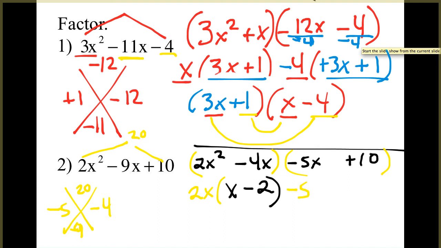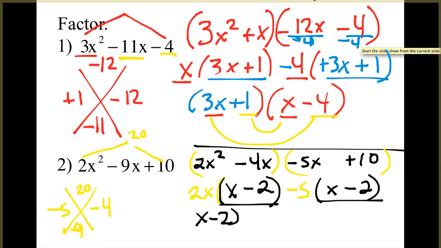And I'm left with x minus 2. So if I divide my common factor binomial out, I'm left with x minus 2. I divide out x minus 2, and I am left with 2x minus 5.